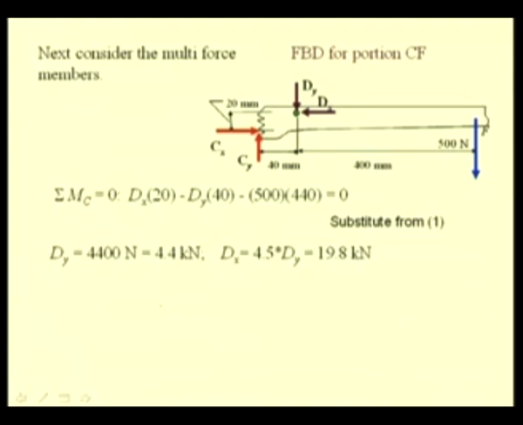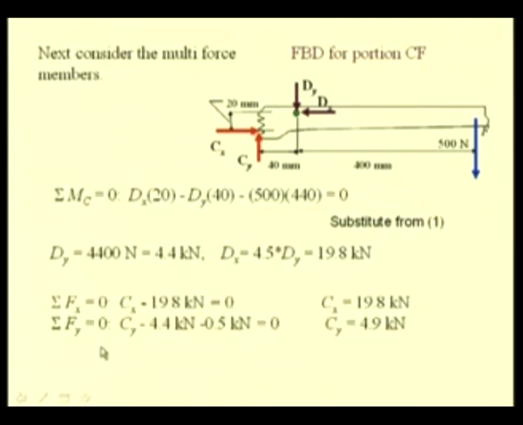Now that we know this Dx and Dy, we can determine these two forces Cx and Cy by considering the force summation equation. If we sum the forces along the horizontal, that is along the x direction, we determine the force Cx to be 19.8 kilonewton.